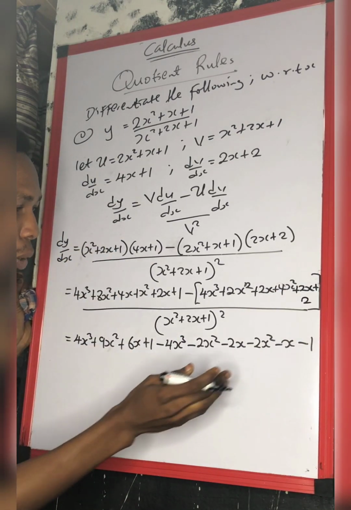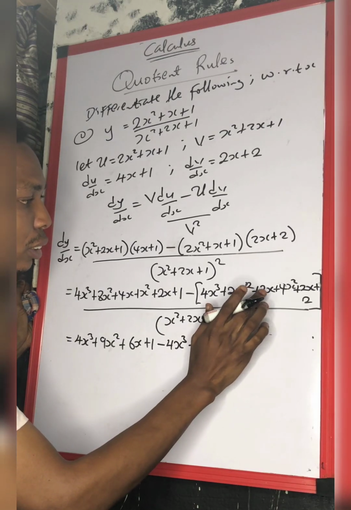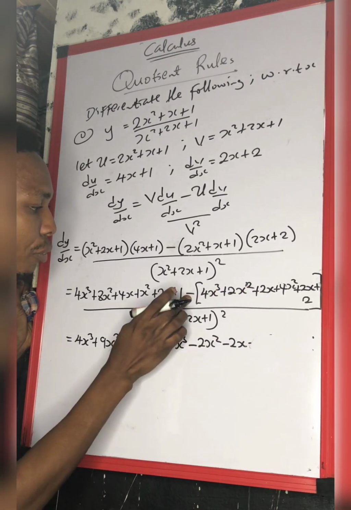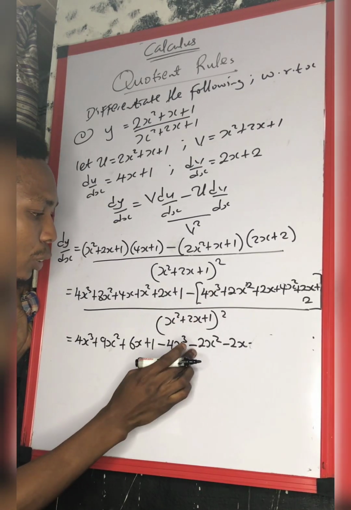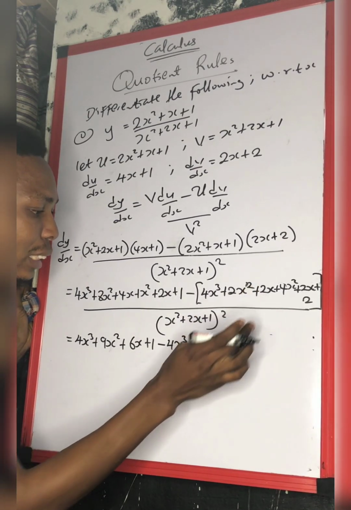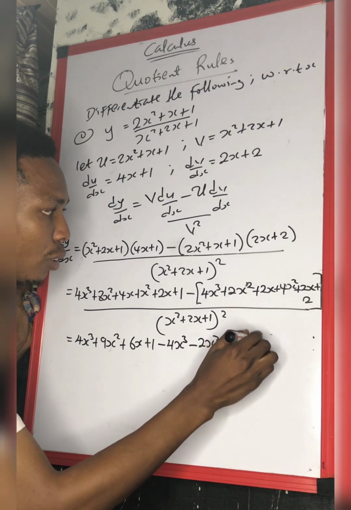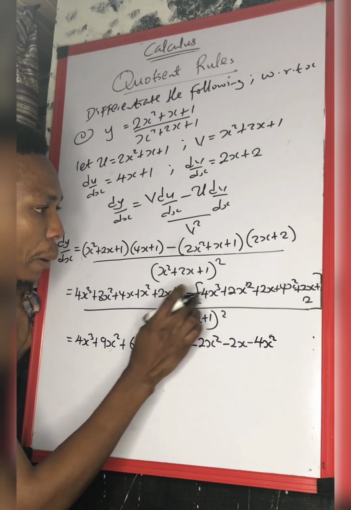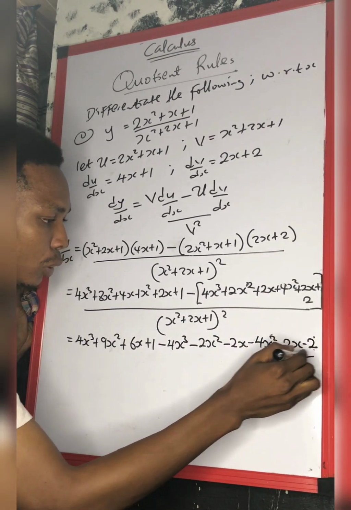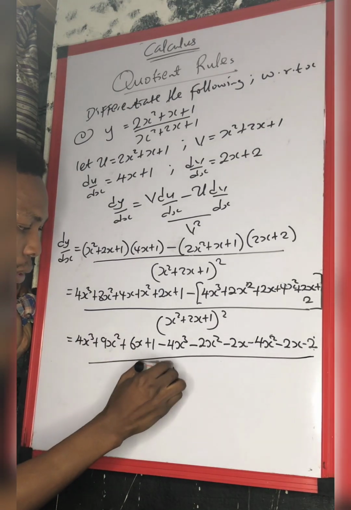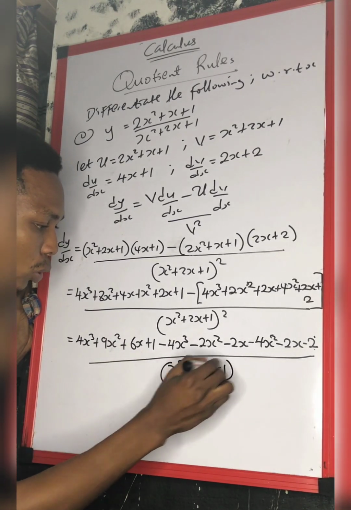Okay, so from there, by opening up everything here, we are going to have minus 4x cubed, then minus times this, minus 2x squared, minus times this, minus 2x, then minus times this, we have minus 4x squared, then minus times this, minus 2x minus 2. Sorry for that little mistake. We have x squared plus 2x plus 1 all squared.